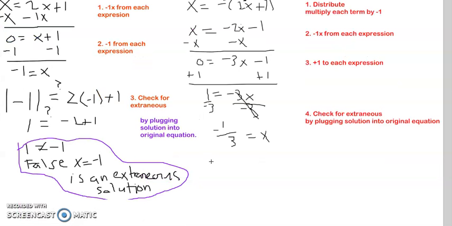So let's check for the extraneous again. So we have the absolute value of negative 1/3. Is it equal to 2 times negative 1/3 plus 1?